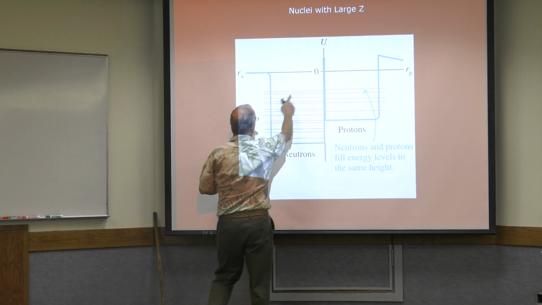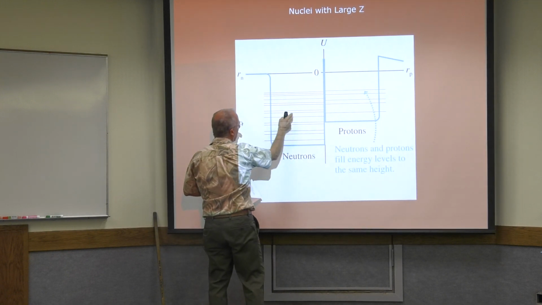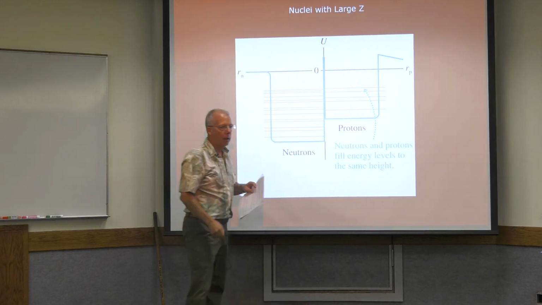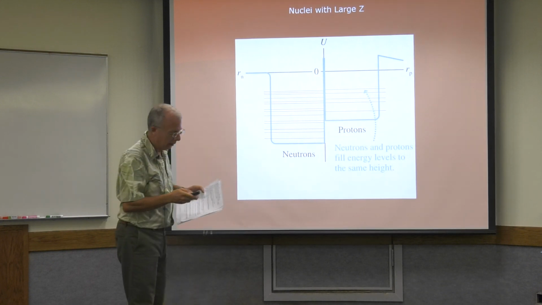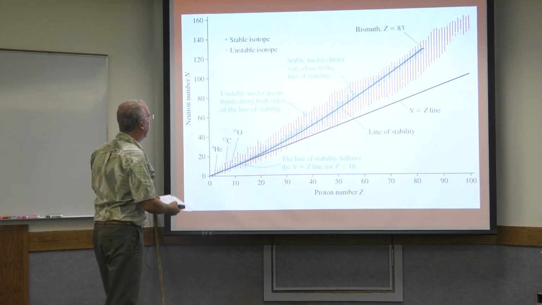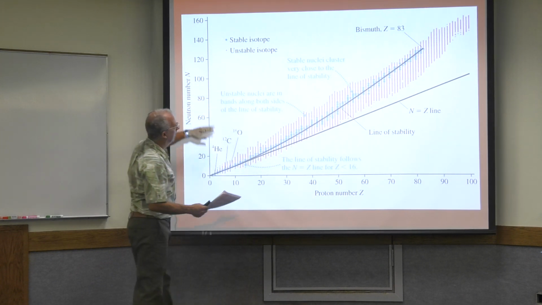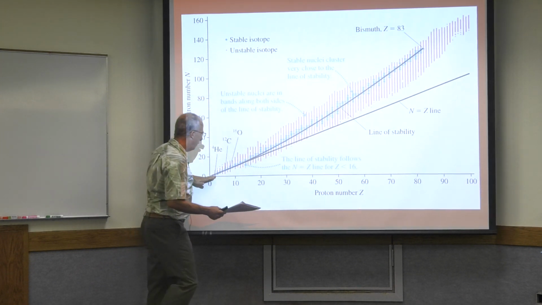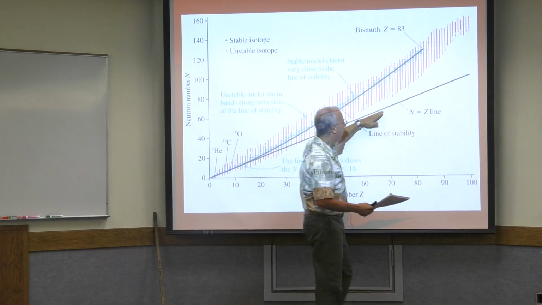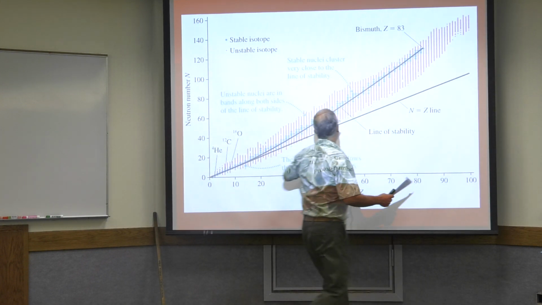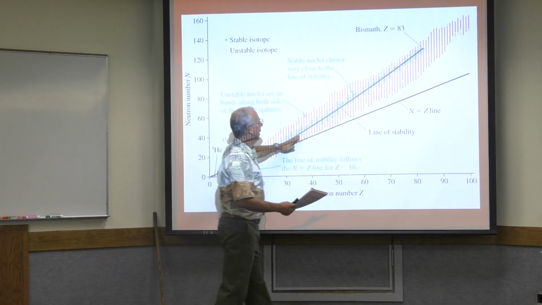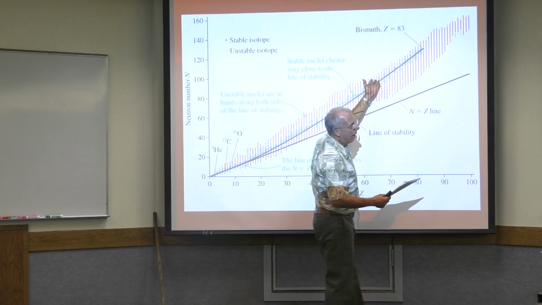Now look here. Again, we have way more neutron states than proton states. Where have we heard that before? Remember this? This is the line of stability. The line of stability does not follow the N equals Z line. It follows this curve. And remember why?